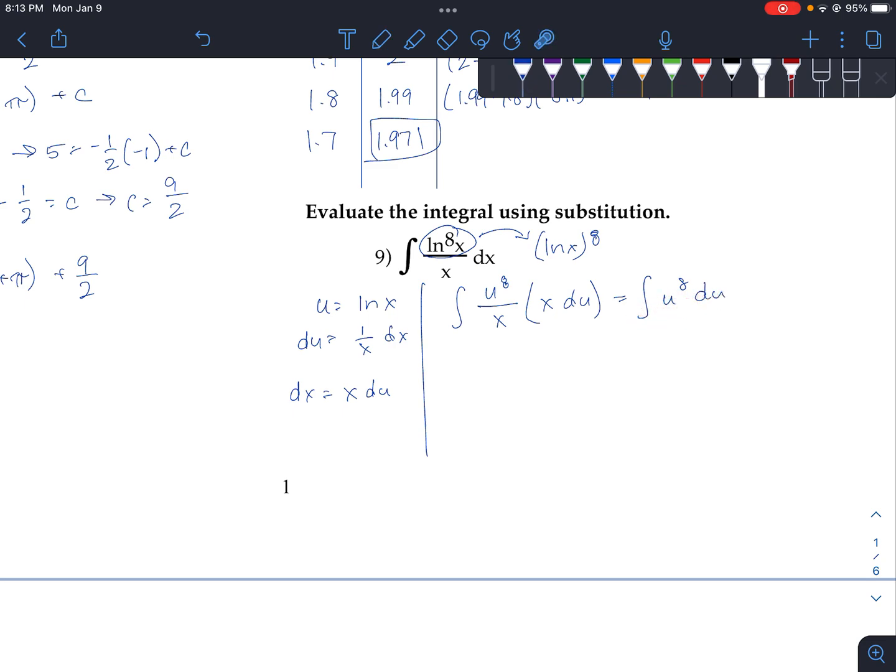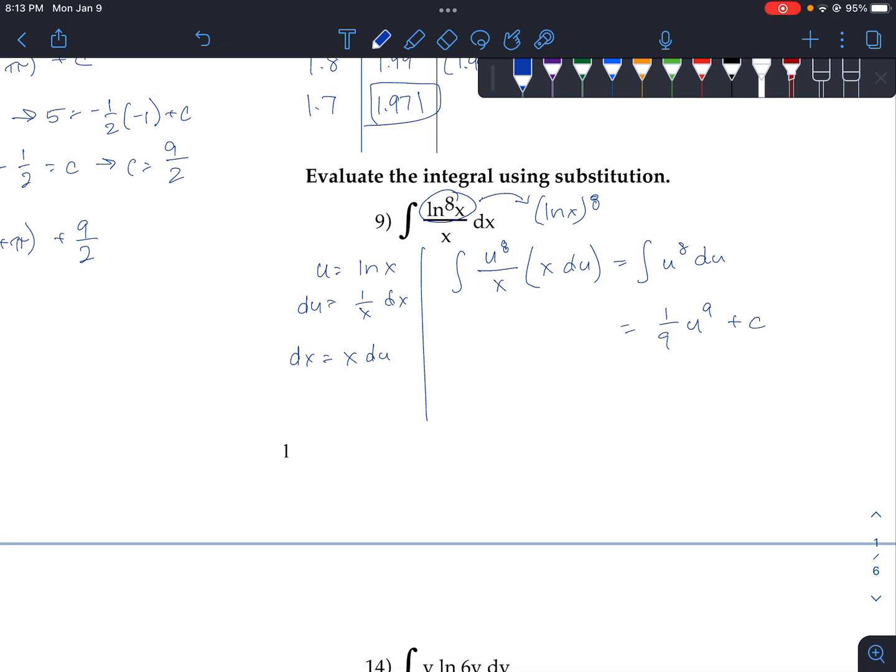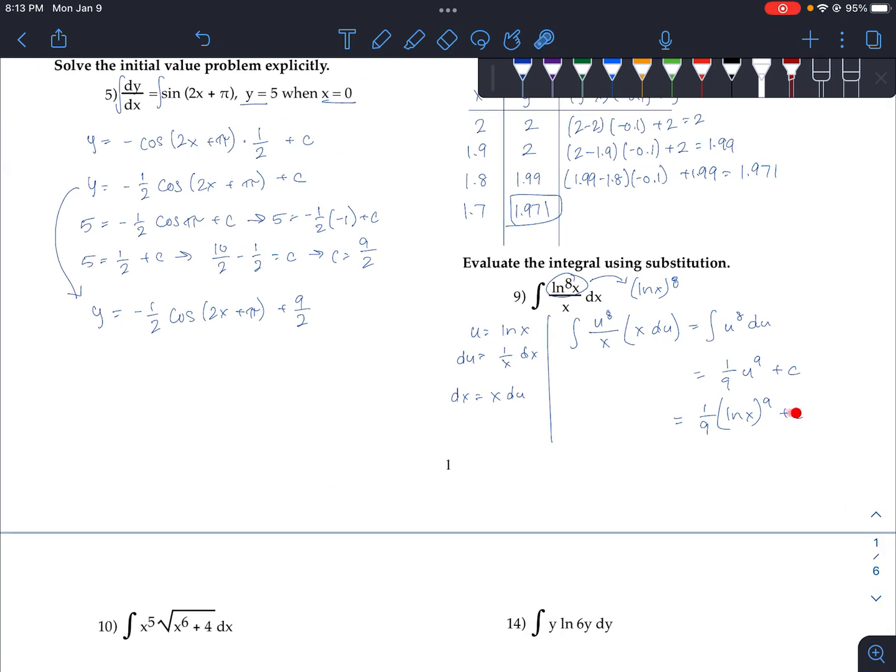That's going to be equal to 1 over 9 u to the 9th plus c. Undo my substitution, so I get 1 over 9, and u was natural log of x, so natural log of x raised to the 9th plus c. And there you go. Don't forget the plus c.